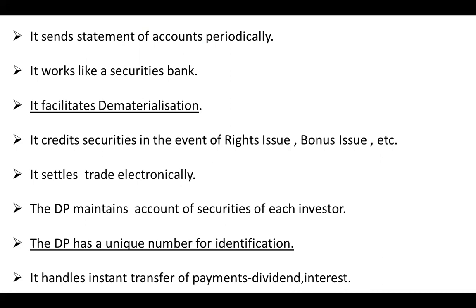Also, it maintains the accounts just like a bank. The bank maintains the account with the help of an account number. The security bank, the security means DP, maintains the accounts with their unique identification number.